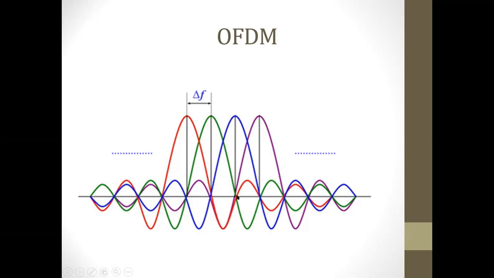And then again, here the energy keeps growing, but again it comes to zero. Where? At the center of another subcarrier. Here also it gets zero. So the contribution becomes zero at all center frequencies from neighboring subcarrier transmissions.